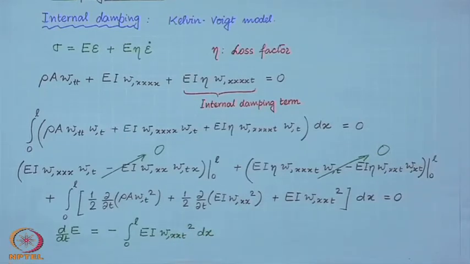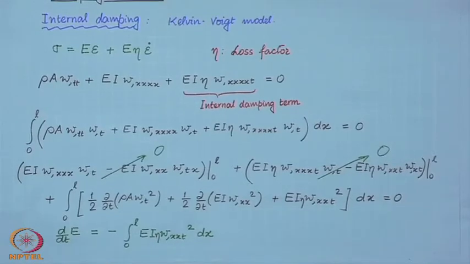Now, if there is an eta as well, so now E is positive, I is positive. If eta is also positive and this is a squared quantity, so this is a positive quantity.